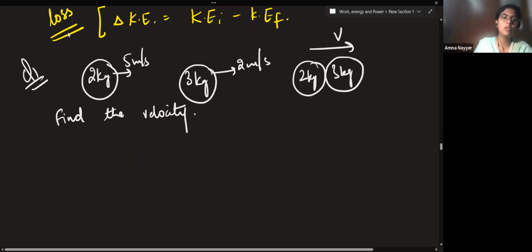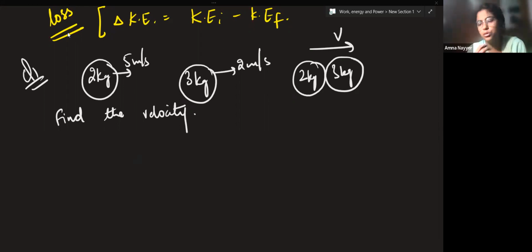If you all do not know what type of collision this is, then how will you answer it? How will you use the formula? Which formula will you use then? Jania? Waziha? Which type of collision is this?